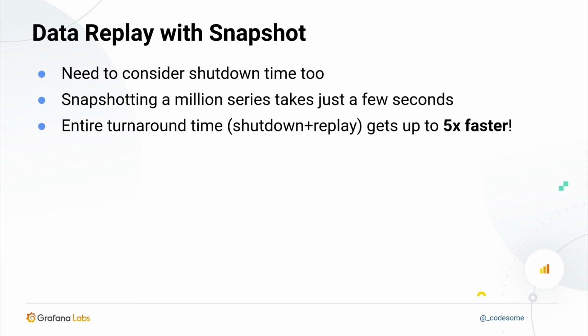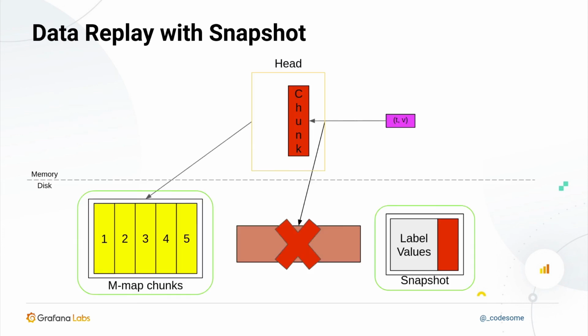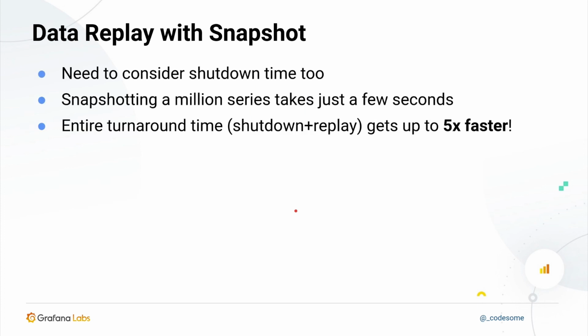So it can be a little more than 5x faster because the test was done before the write ahead log could grow for the entire 3 hours. It was more like 1 to 2 hours of write ahead log. But if the Prometheus was kept running for longer and then restarted, the gains could be more than 5x faster. So that is sweet.